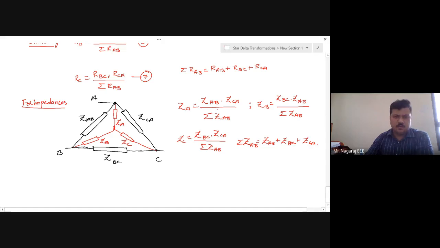And every time I need not follow this process. Simply I use this formula for my transformation. Those are enough in my examples. Any doubts?